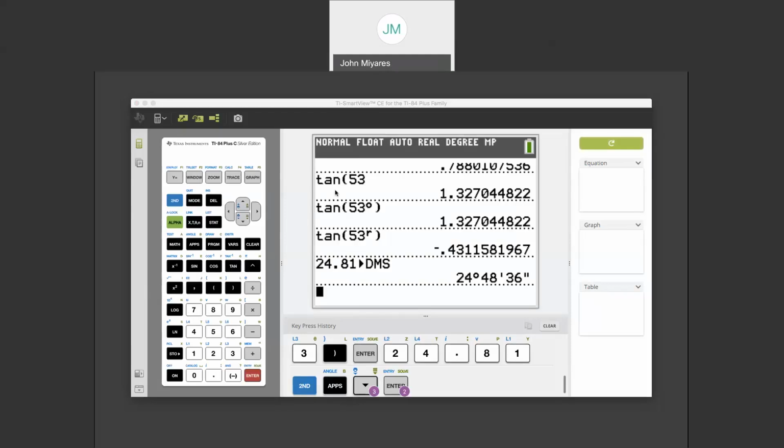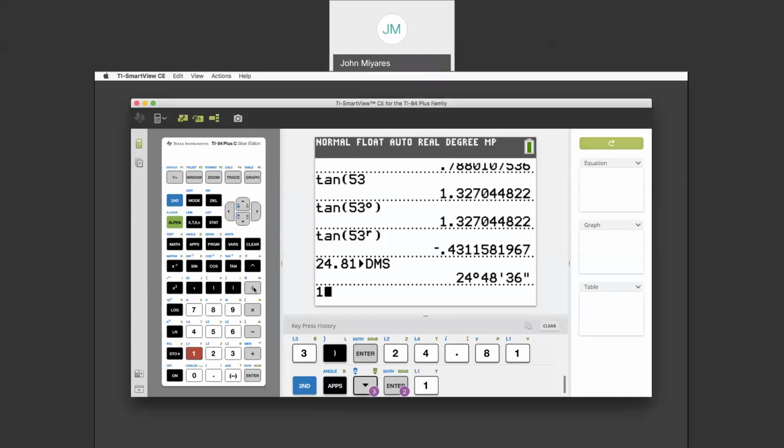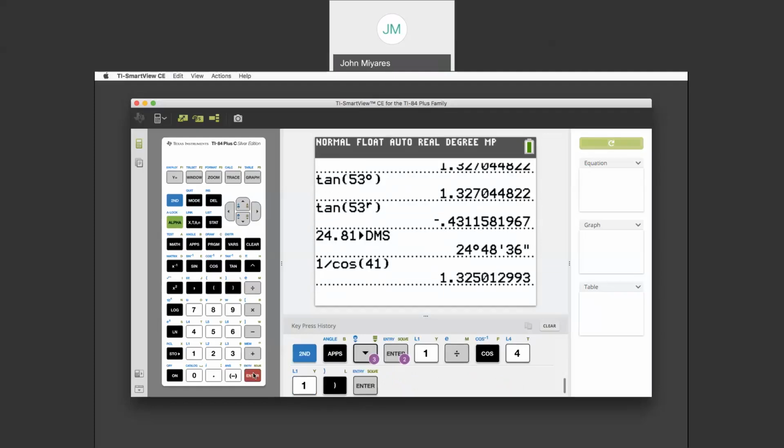And to take the reciprocal of something is to take 1 over it. So what we're going to want to do is divide 1 over the cosine of 41 degrees if I want to calculate out the secant of 41 degrees. I hit enter, and there's my answer.